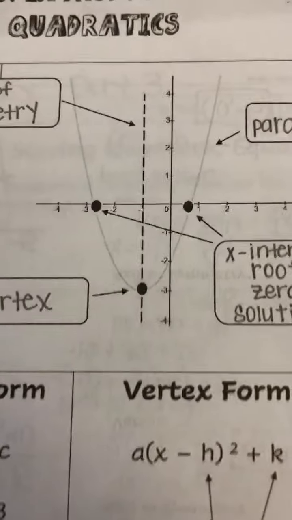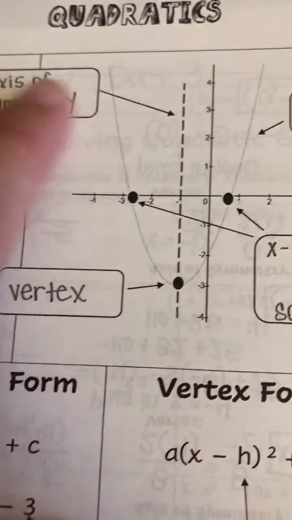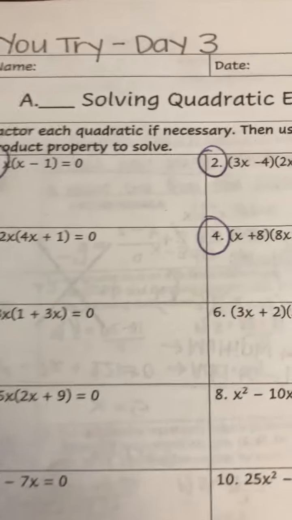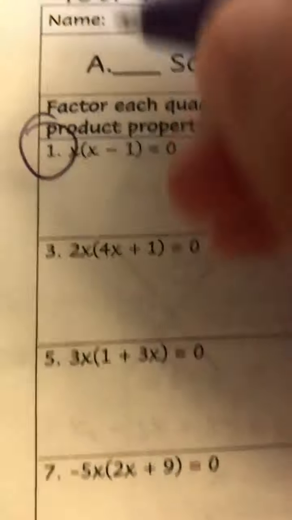So I'm going to recall the very first page of your notes. What you're actually doing is you're finding the 2 points where your parabola hits the x-axis. So by factoring it, you're doing the method without a calculator, and you're able just to figure out what your two solutions or x-intercepts are.